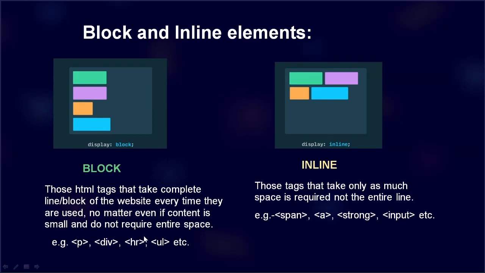It is very easy to identify: you can take 2 or 3 tags which you want to test, and when you see them on your website, if they come one after the other on a new line, it means they are block elements, and if they come one after the other adjacent, then they are inline elements. So the examples of inline elements are span, anchor tag, strong, input tag, etc.